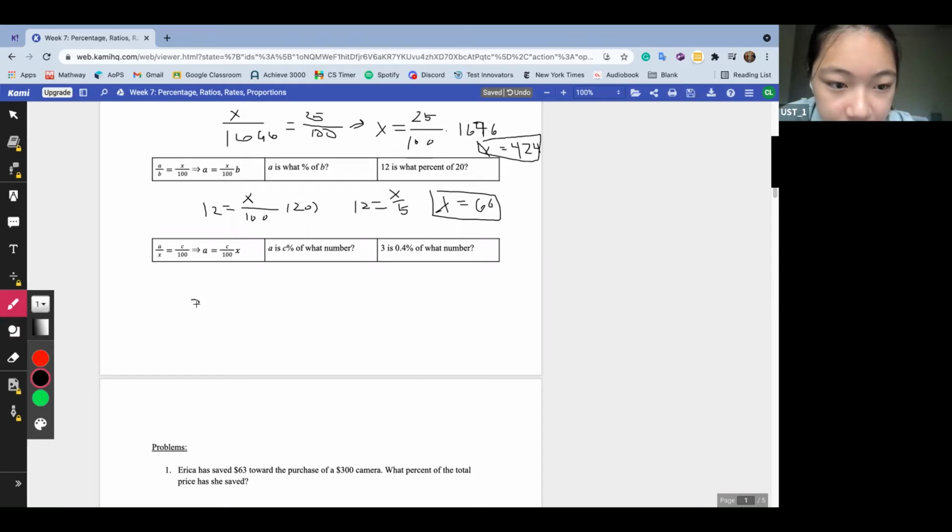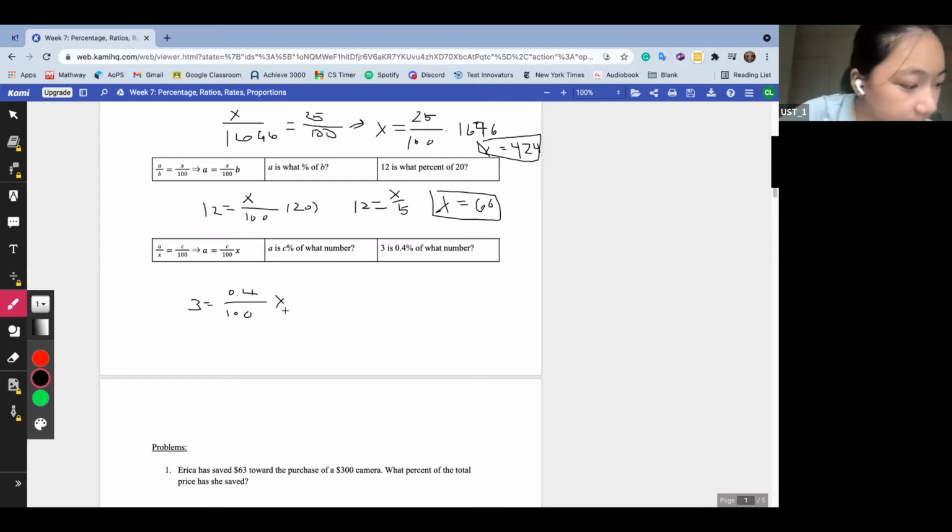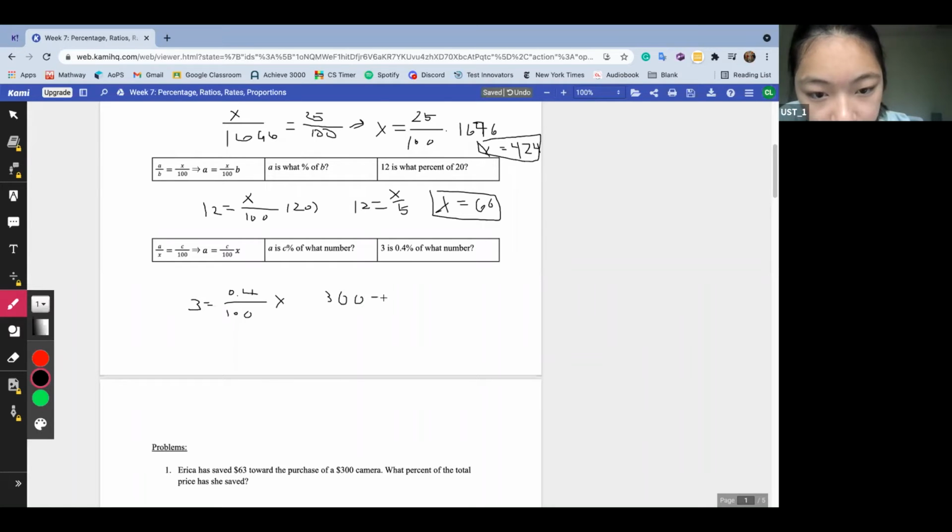A is 3, so we'll have 3 equals 0.4 over 100 X, and we're solving for X. So here we can just solve the equation. And when you solve, you should get 750, I believe.